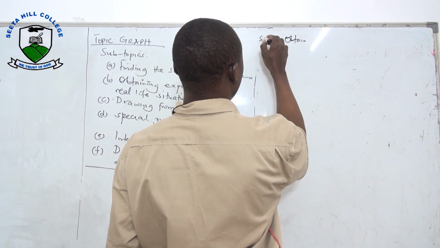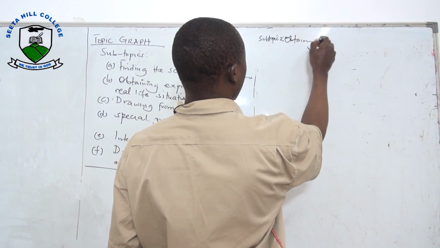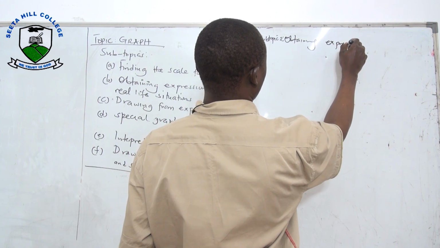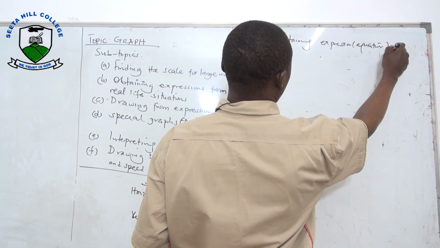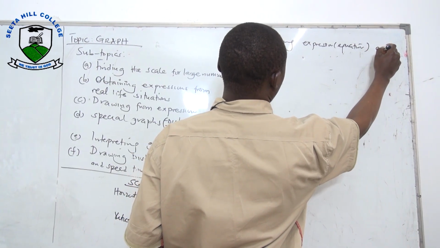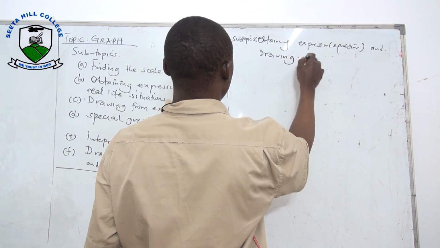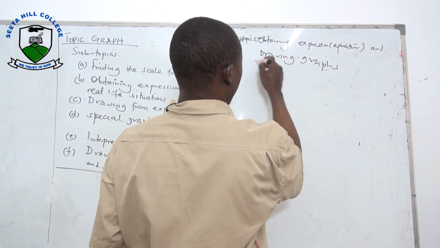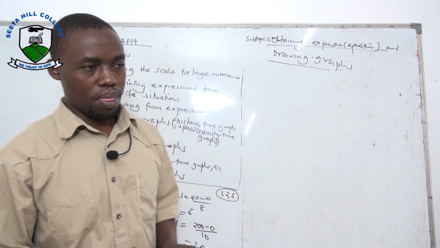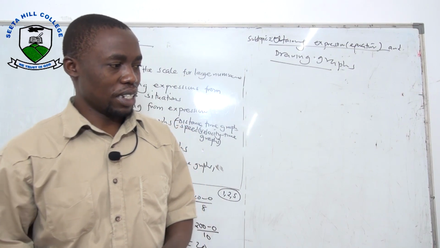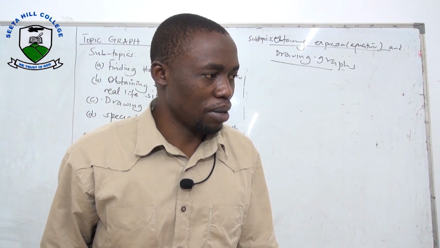Subtopic 2: obtaining expressions or equations and drawing graphs. We are combining that together. Now let's take examples here. Are you set? I read the first example for you.